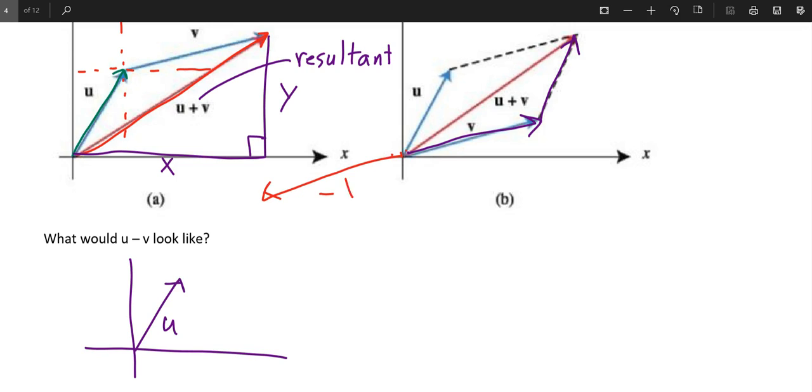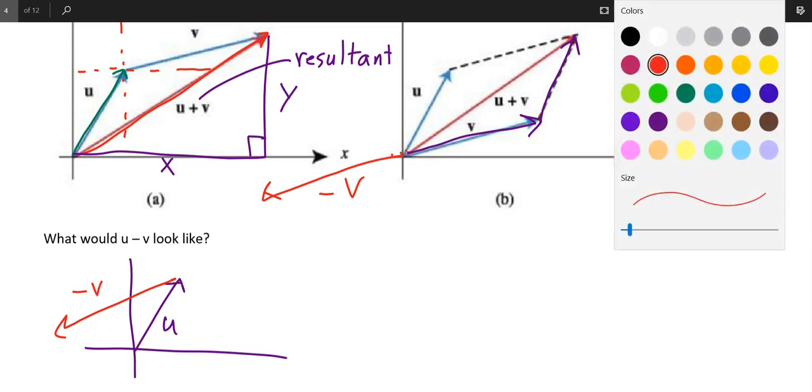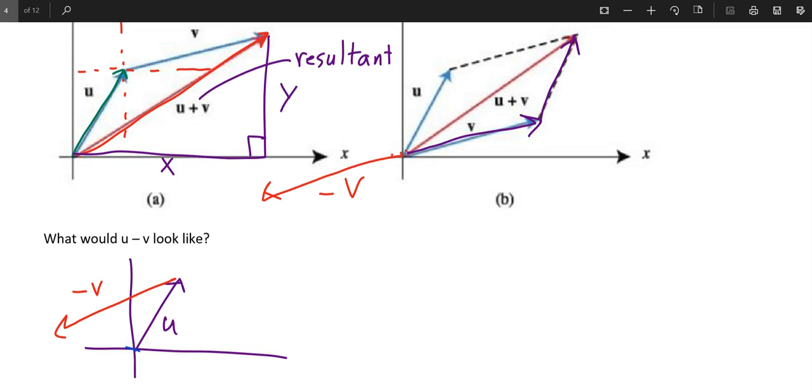If v is the purple one headed to the right into the first quadrant, minus v would be going into the third quadrant as you suggested. So if I attached that to the end of this picture, I would get something like this. So the blue one right here would be u minus v.